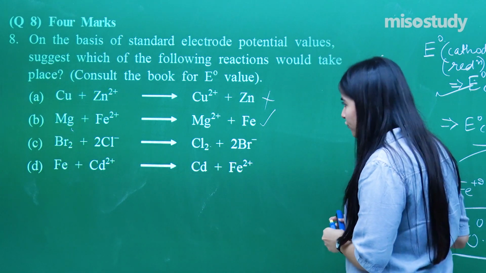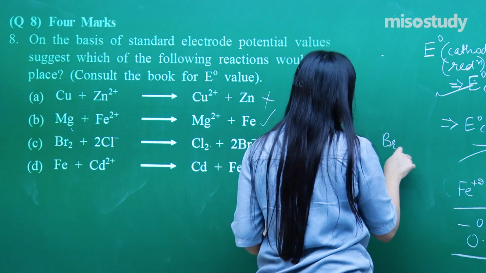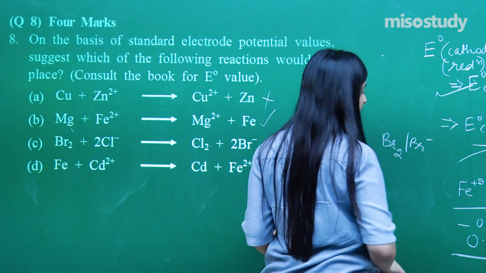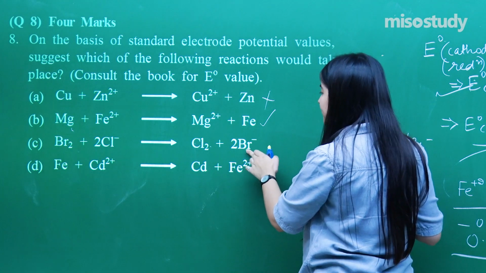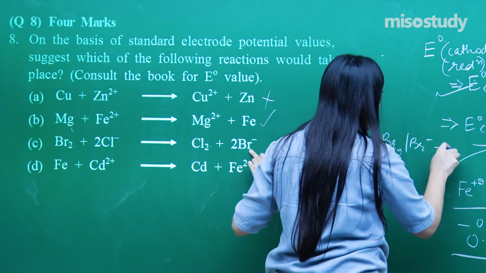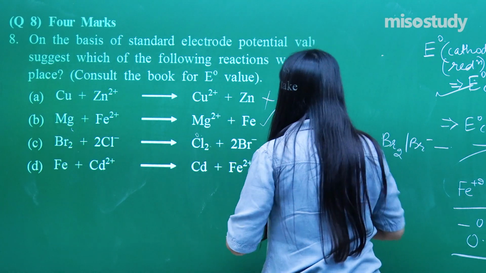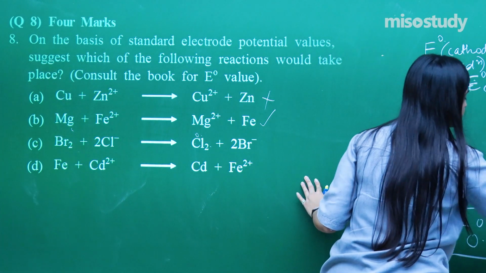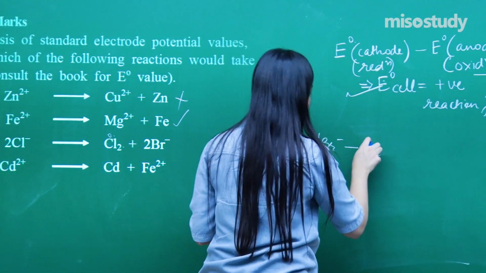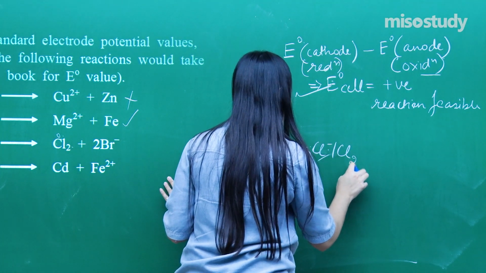See here, now for the bromine. Now, Br2 to Br negative, right? Okay, so Br2 to Br negative, that means this is the reduction which is happening, okay. Minus of Cl negative to Cl0, it's the oxidation, Cl negative to Cl0, right?